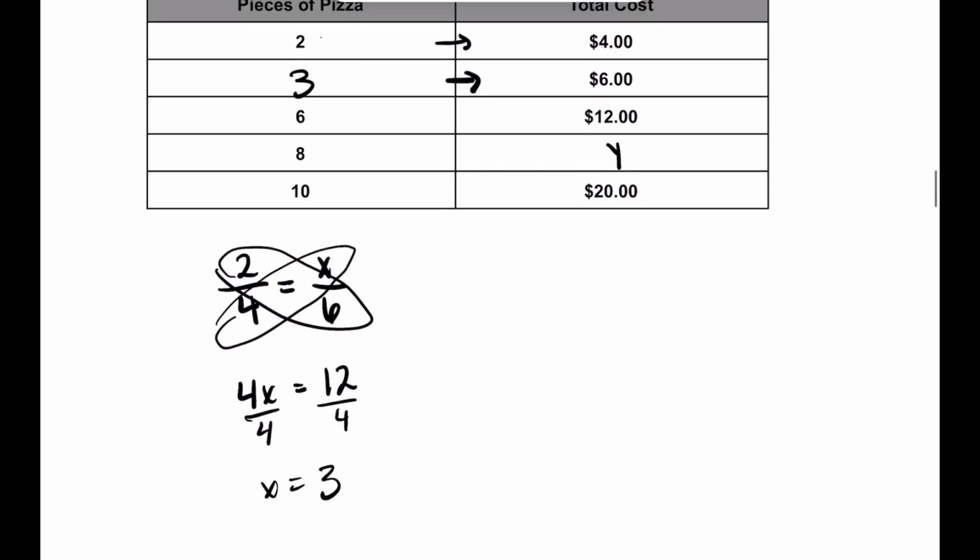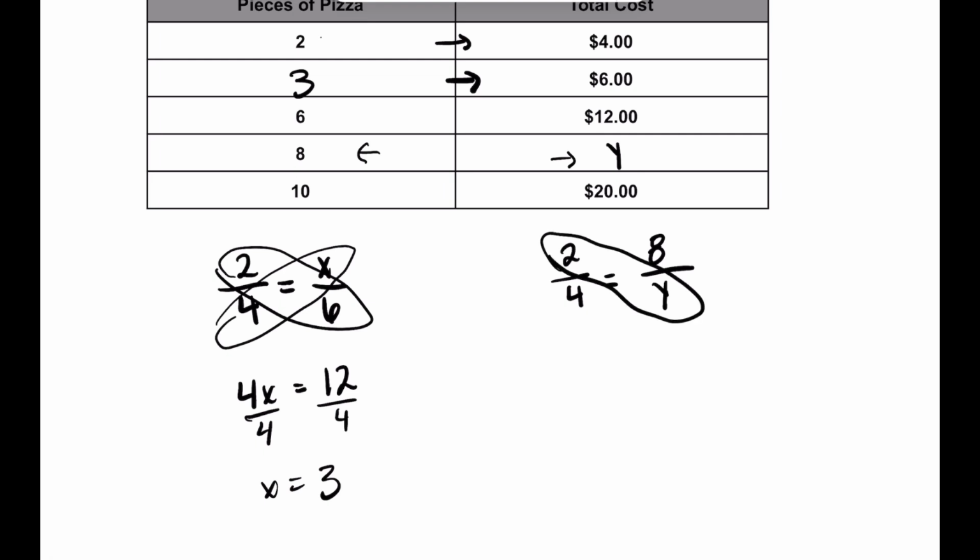And then next for my Y value, I'm going to do the exact same problem. If you wanted to keep the same ratio, you can keep the same ratio here. So I have the 2 over the 4. And then this time, your pieces of pizza are at the top again. So I need to make sure, because I'm solving for Y here, my ratio to that is 8. So I'm going to put 8 at the top because that's your pieces of pizza, and your Y at the bottom.